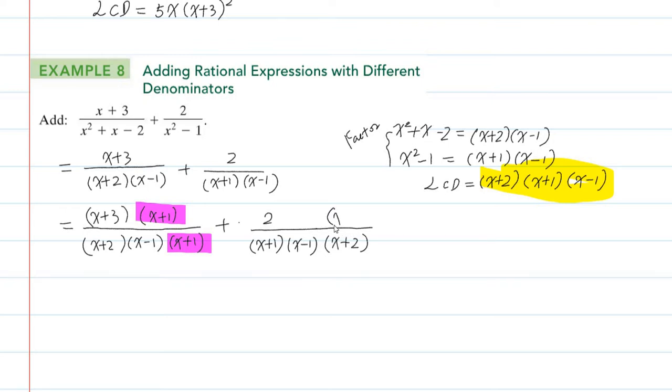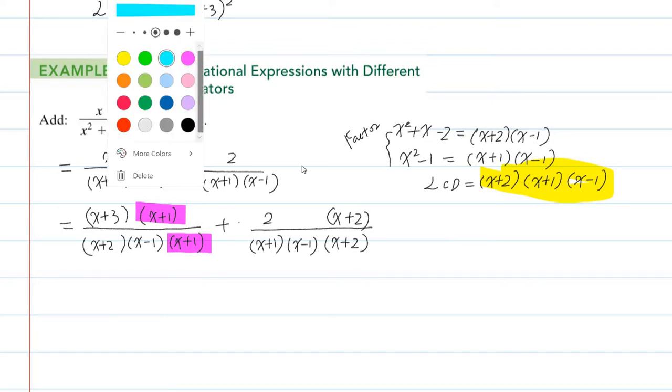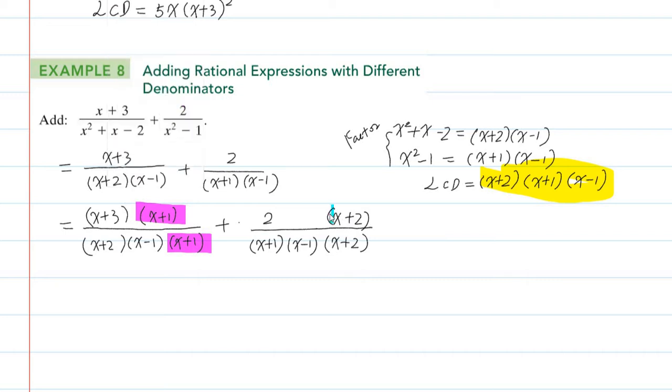So if you multiply something to the numerator, you also have to multiply something to the denominator. Okay, let's change to a different color. So let's do this color, better. You multiply the denominator by x plus 2, so the numerator also has to be multiplied by x plus 2. That way you don't change the value.